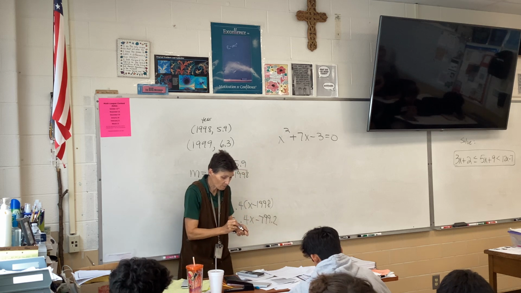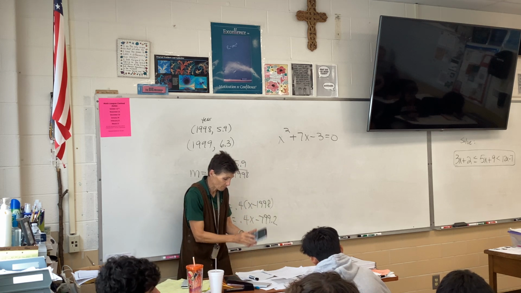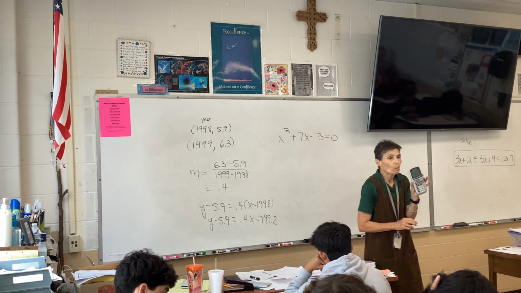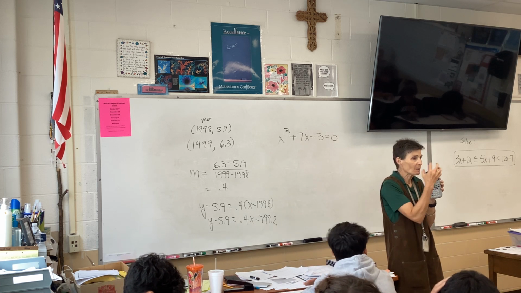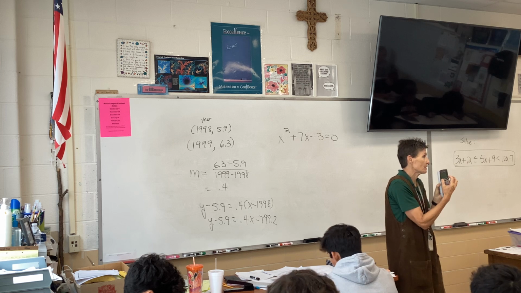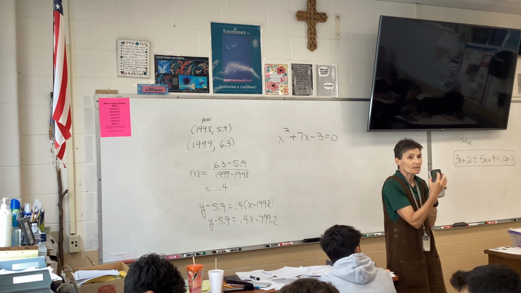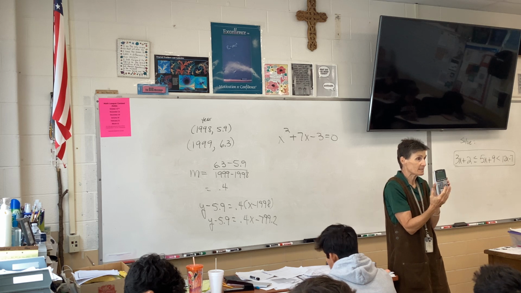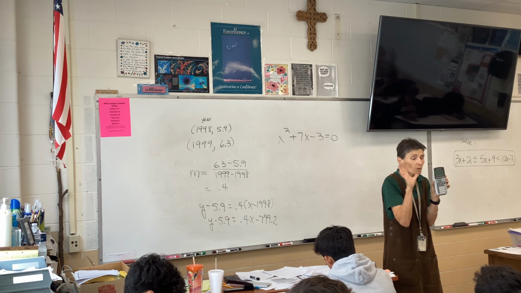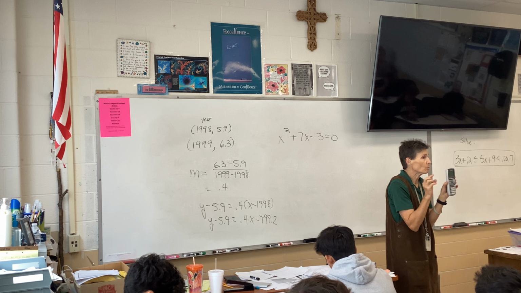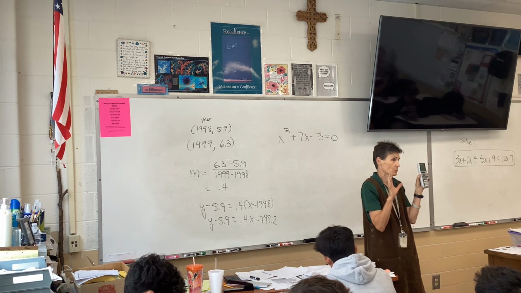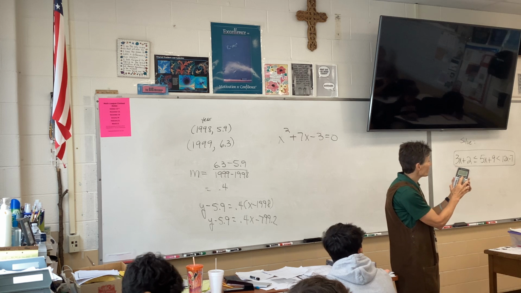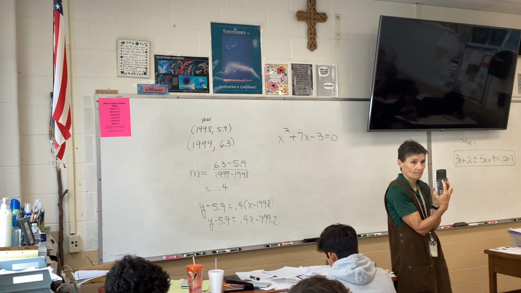Okay, so I want everybody doing what I'm telling you to do. Turn it on. We're going to graph something and we want to be able to see it on the screen. We can adjust our screen so that we can see what we want to see. We start with what's called a standard screen. To get the standard screen, press Zoom 6.